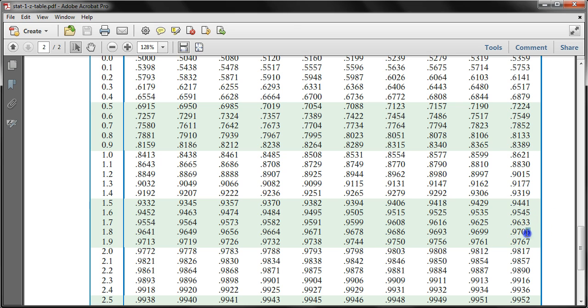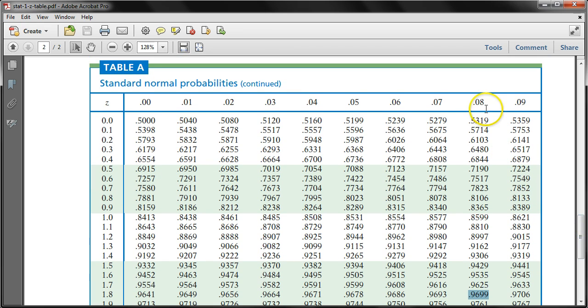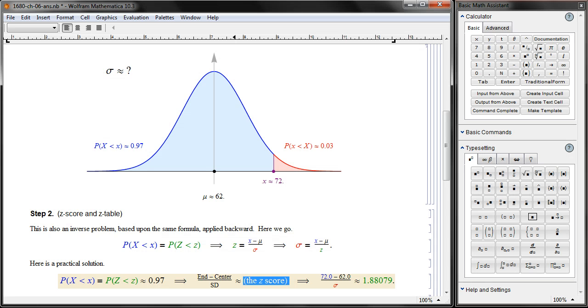This one, 0.9706, is fairly bigger than this one, so I'm going to select 1.88. So 1.88 is what I'm going to get from this z table.